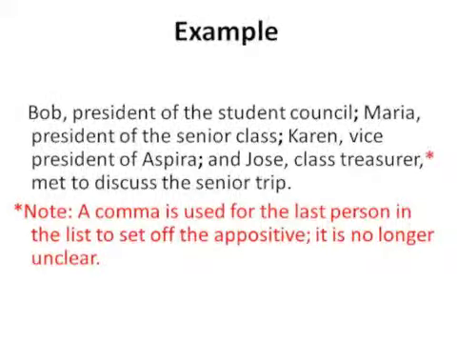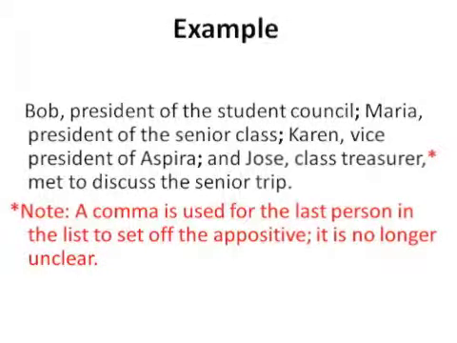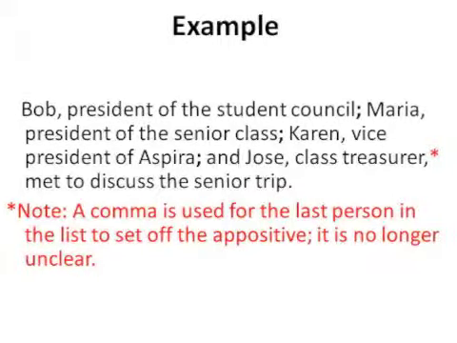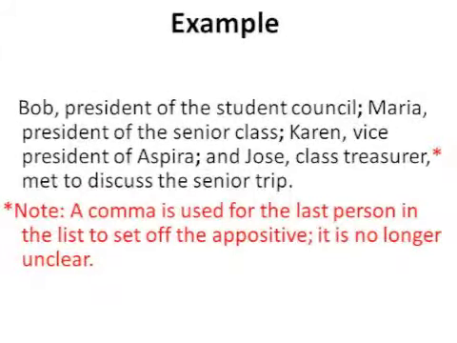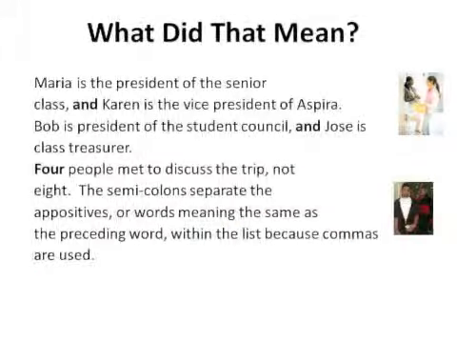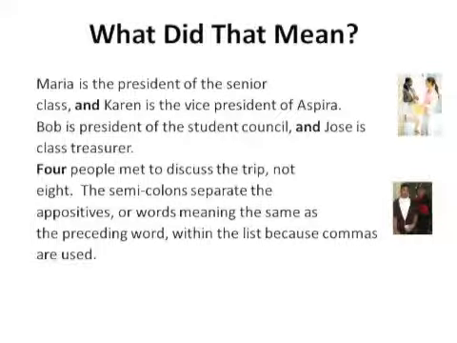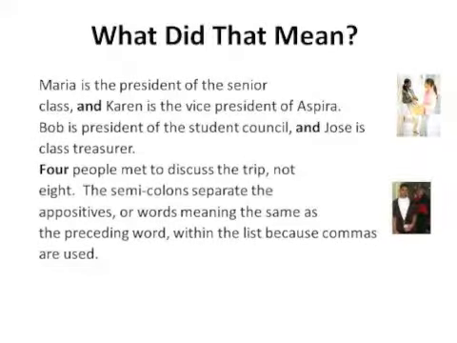President of the senior class means the same thing as Maria. Vice president of Aspira is the same thing as Karen. And class treasurer is the same as Jose. Each appositive following the name explains what position the person holds.